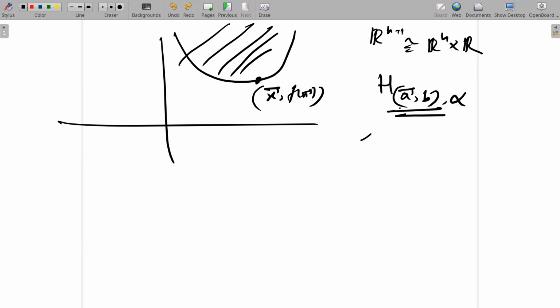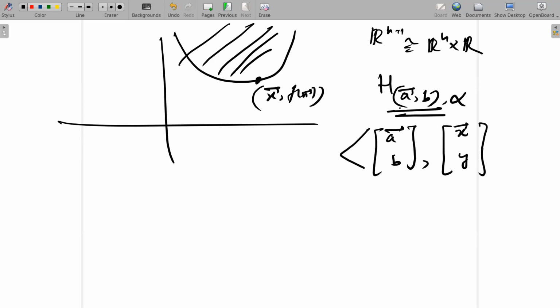A was a column vector, so (a, b) is the vector we have right here. Just think of this as the normal vector for the hyperplane. This times a general point (x, y), where y is again a real number, will be equal to alpha. That is the definition of the hyperplane. We know (x, f(x)) lies on the hyperplane, so I can replace y with f(x).